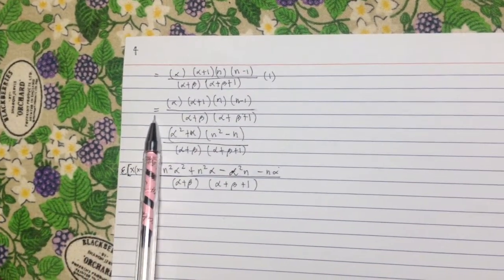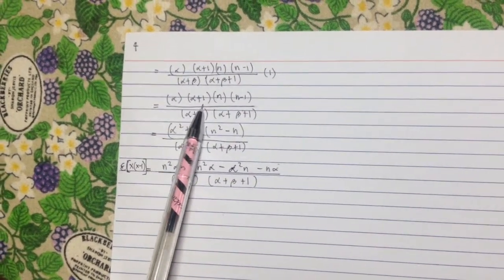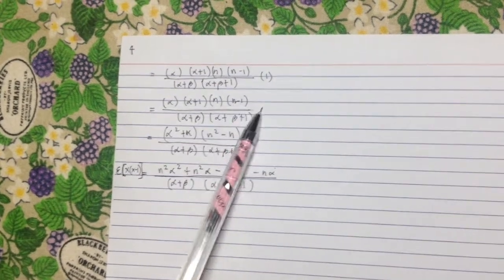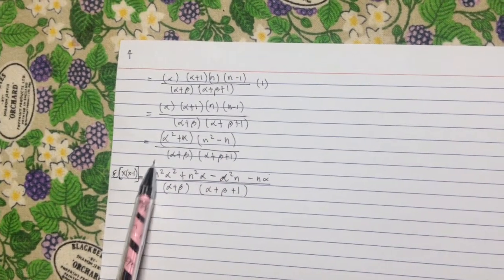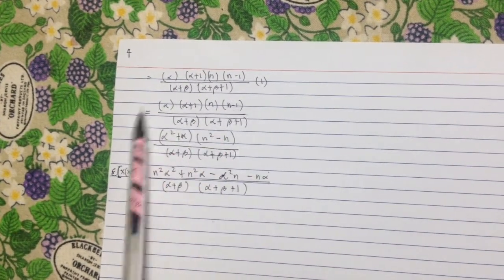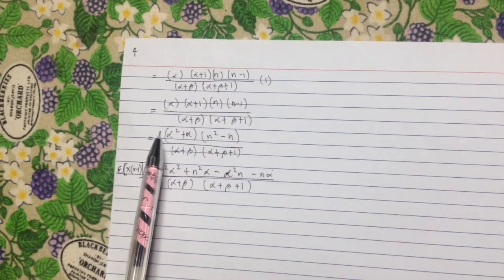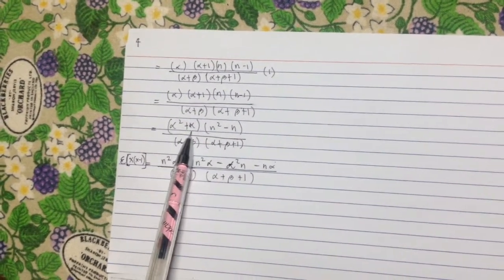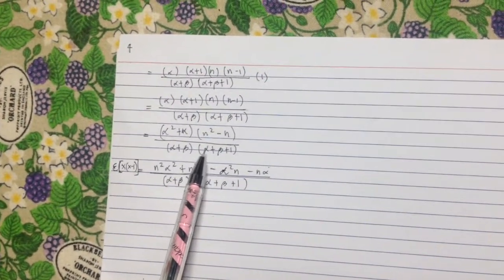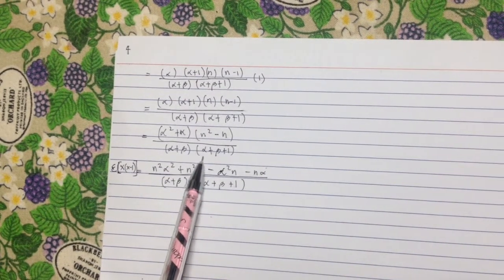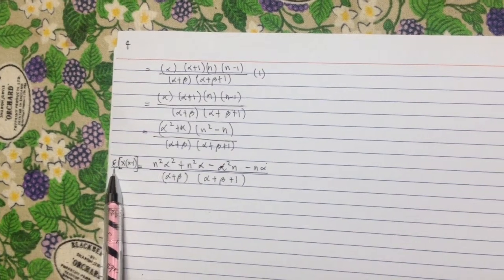Next, to simplify, we have alpha times alpha plus 1 times n minus 1 over alpha plus beta times alpha plus beta plus 1. If we operate, we have alpha squared plus alpha times n squared minus n over alpha plus beta times alpha plus beta plus 1, which is equal to the expectation of x squared.